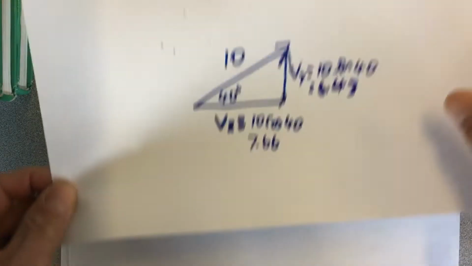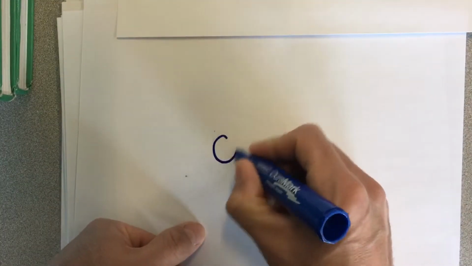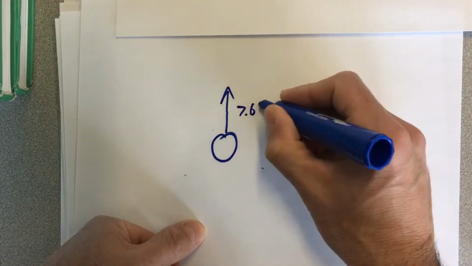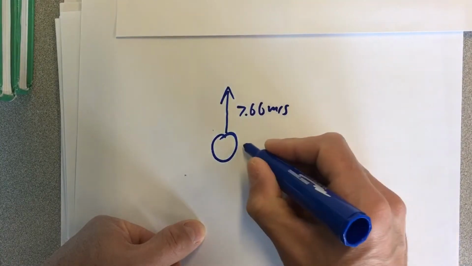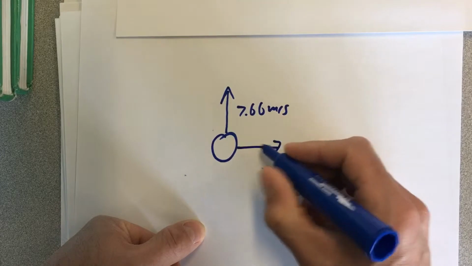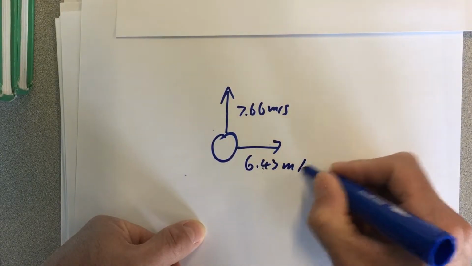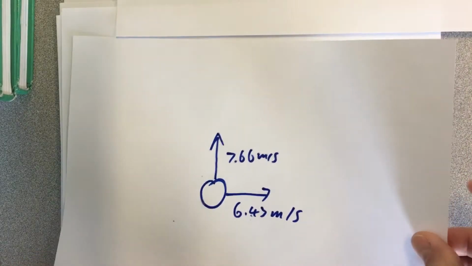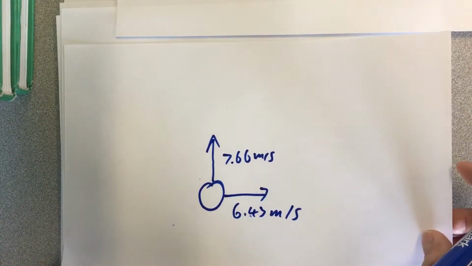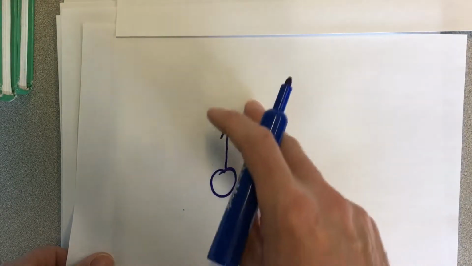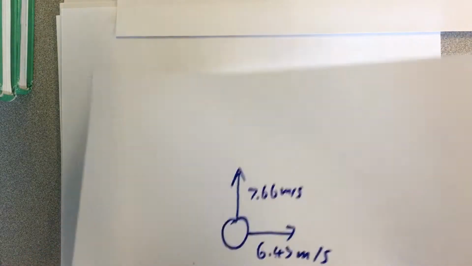So what that means is this ball has an initial upward velocity of 7.66 meters per second and an initial forward velocity of 6.43 meters per second. We're going to determine how much time it spends in the air by only considering the vertical component of its velocity.